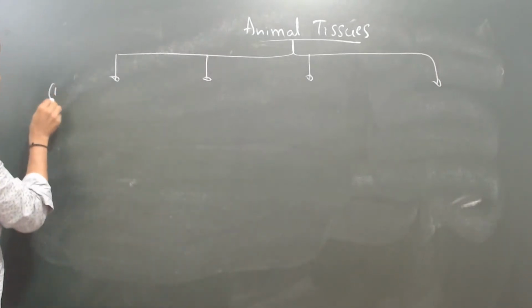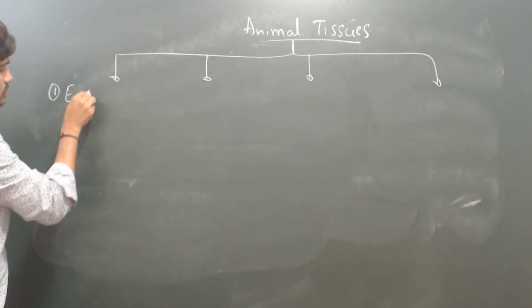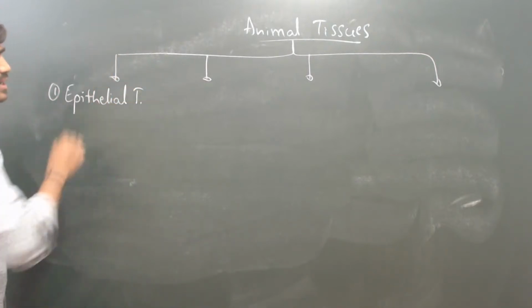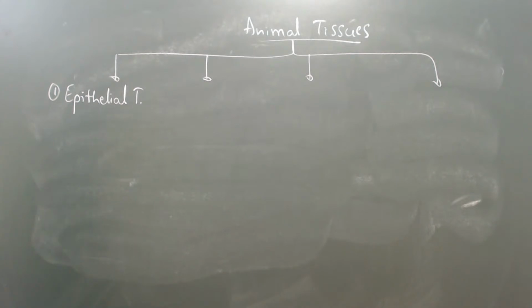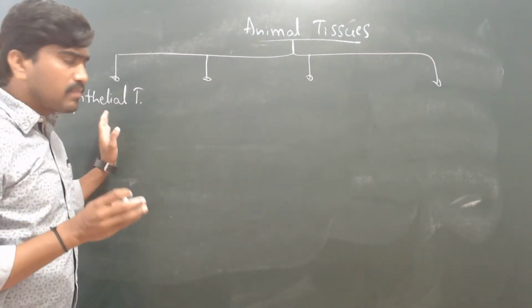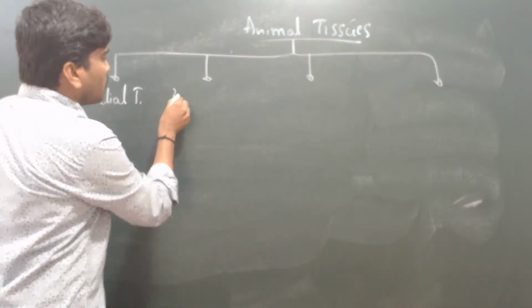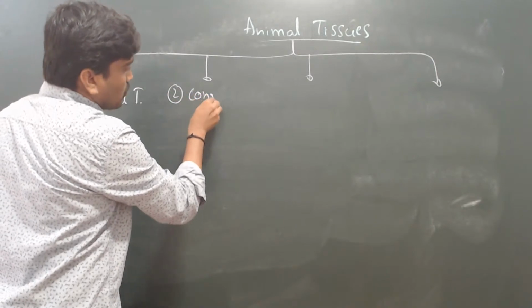Epithelial tissue. First one is which one? Epithelial, like epidermis only, here epithelial. Then second one, connective tissue.